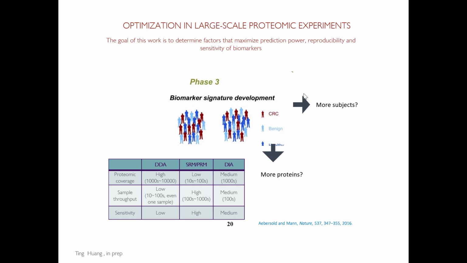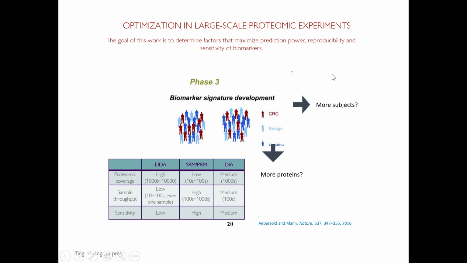Okay, now we assume that we can detect a certain number of proteins, and we want to ask, if we had a certain budget, let's say $1 million for a large study, how should we spend that? Should we try to analyze a large number, hundreds or thousands of samples, or relatively few samples very, very deeply?